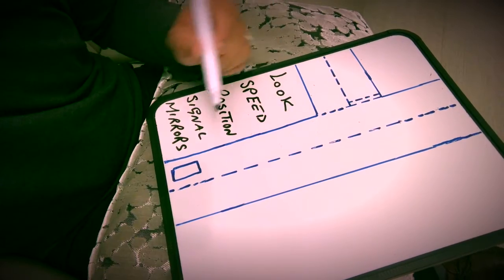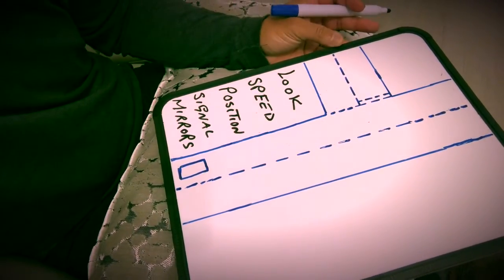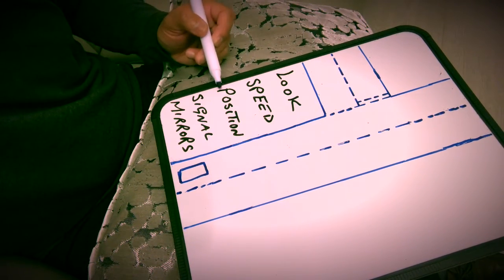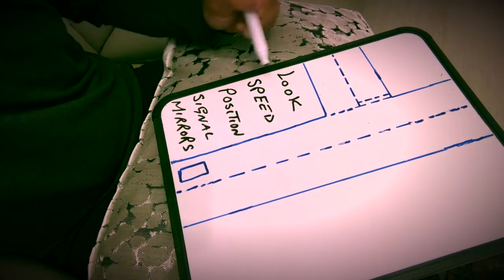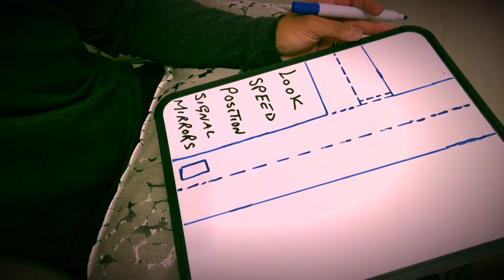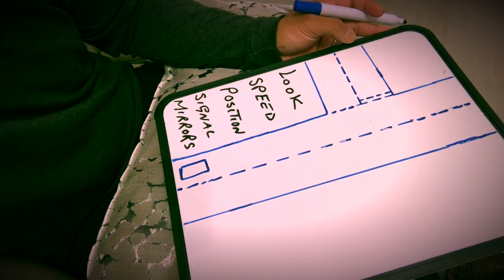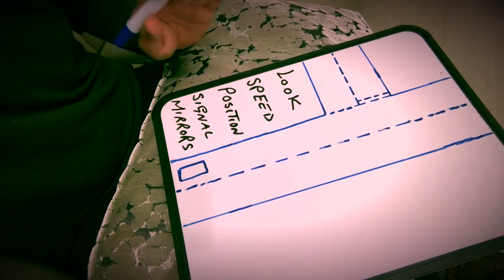Next thing we need to know is when to start our sequence. So what is the sequence? It is the mirrors, signal, position, speed, and look. This is something you need to memorize for the rest of your life for any junctions. Especially in the test, the examiner will actually test you on how you put those 5 things into practice in every junction.